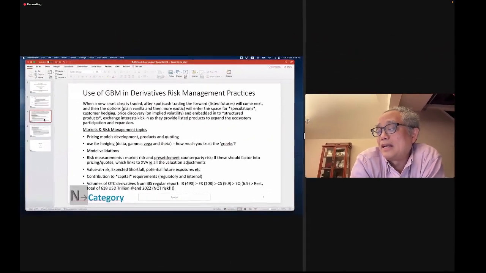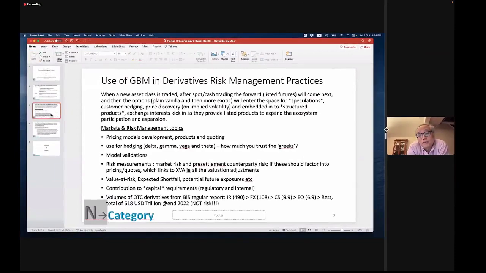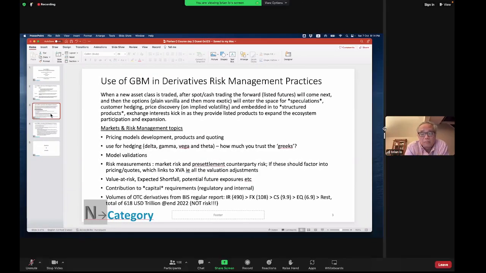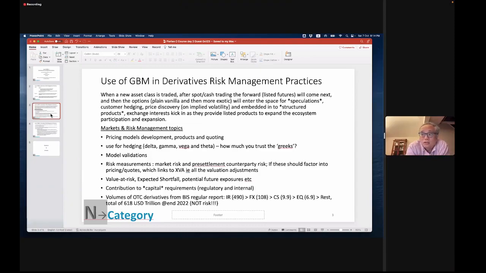The exchanges also came in to compete with this OTC market by providing listed products, to expand the participation of players in taking positions, long, short, or whatever, on products, mostly derivatives. So market risk management as a whole is not just pricing, because you need to price.